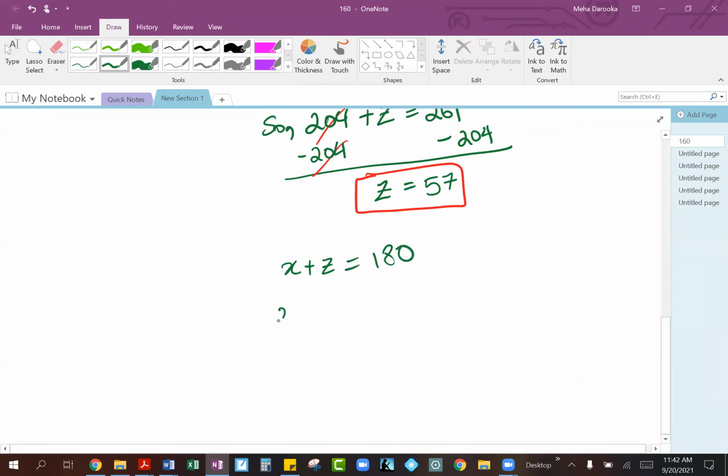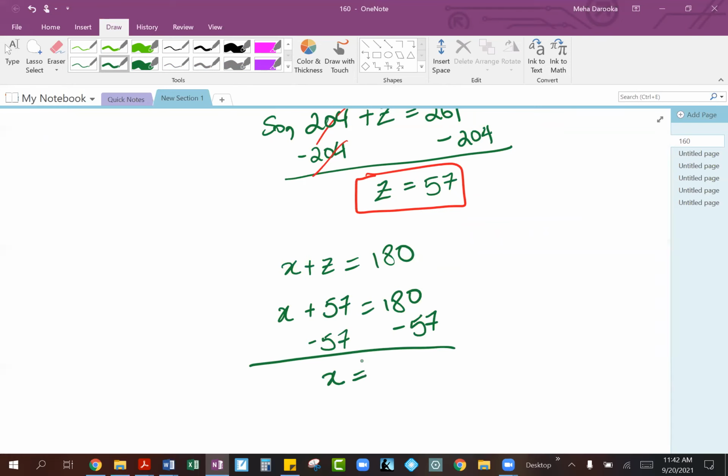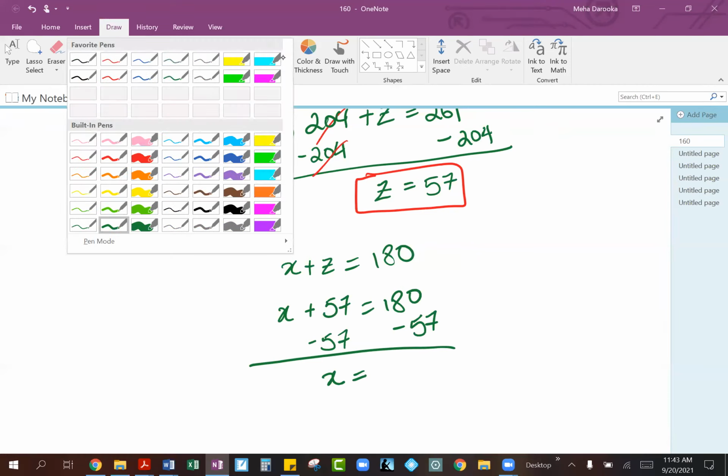So this time we are going to substitute for our z with 57. Same thing, subtract that 57 on both sides. And what do you end up getting for x? 289. Oh, wait, no, you're subtracting. I know, I messed up. That's okay.